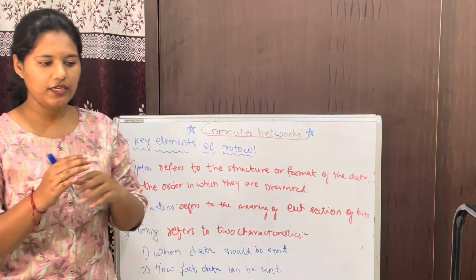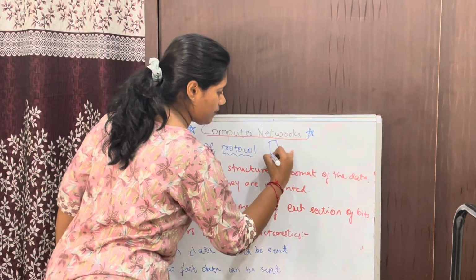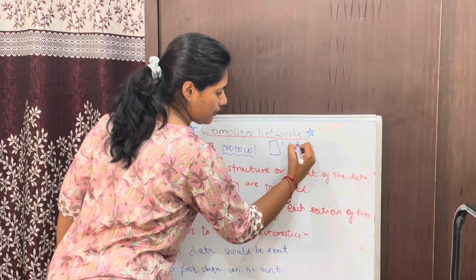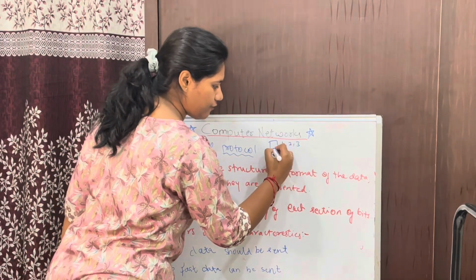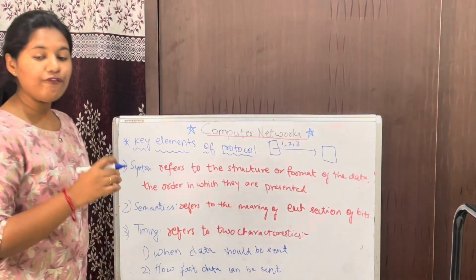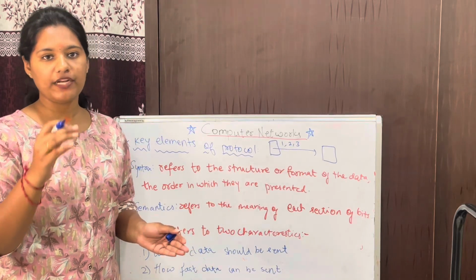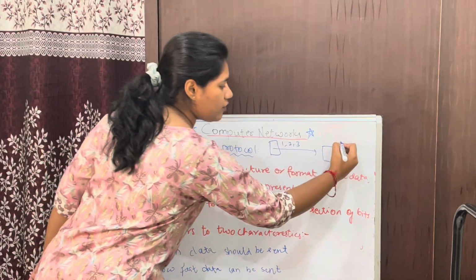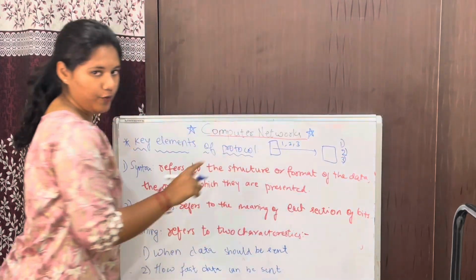So the sender is sending the bits 1, 2, 3, or we can call them files. The sender wants to send these files to the receiver, and if they reach in this order only, then the protocol is following the particular syntax. So the receiver end also receives the first one first, then the second, and then the third one.